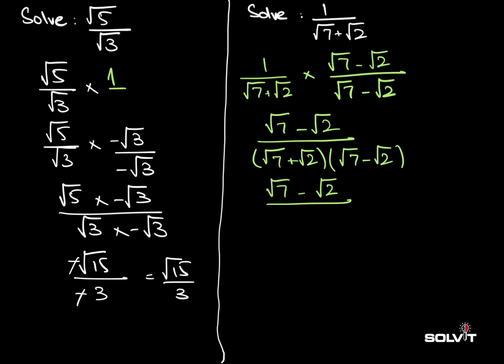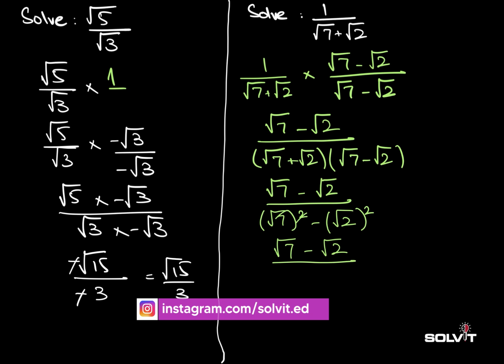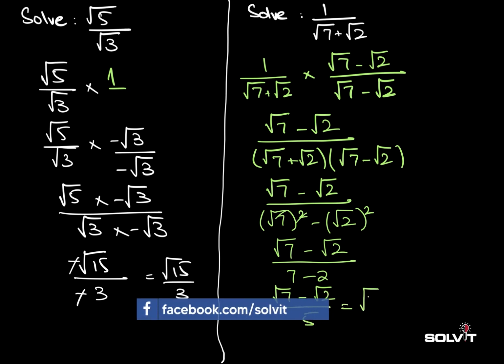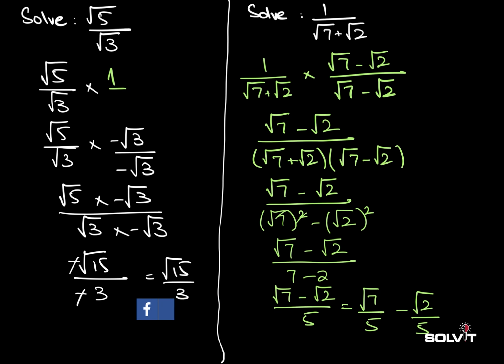So that means the third identity, we can factorize it and it can become under root 7 whole square minus under root 2 whole square, a square minus b square. So then the root is going to cancel with this square, so it will be 7 minus 2. That means it can become under root 7 minus under root 2 over 5, or you can also write it in the form of under root 7 over 5 minus under root 2 over 5. That is going to be the final answer.